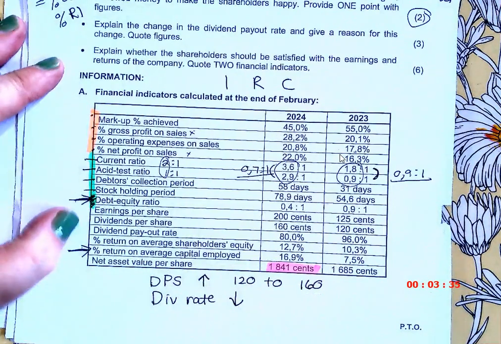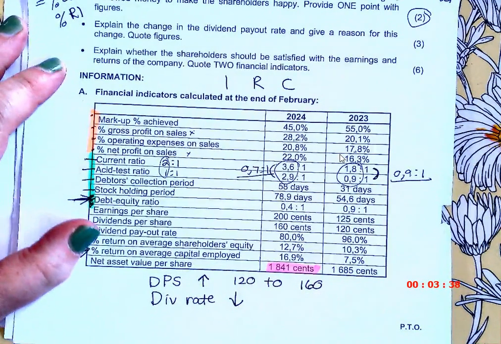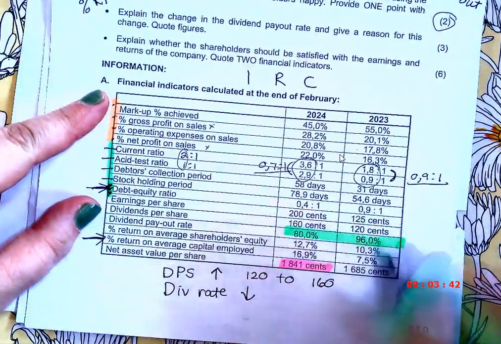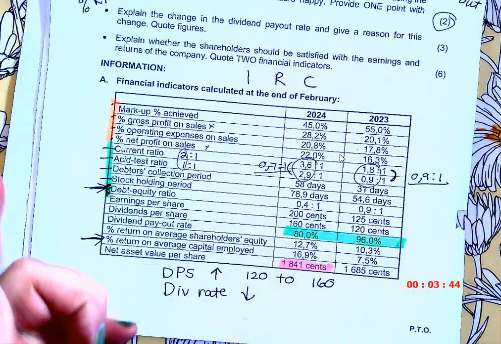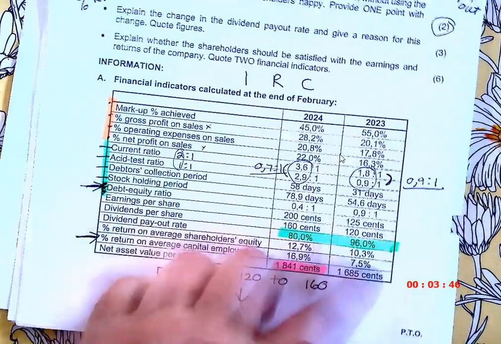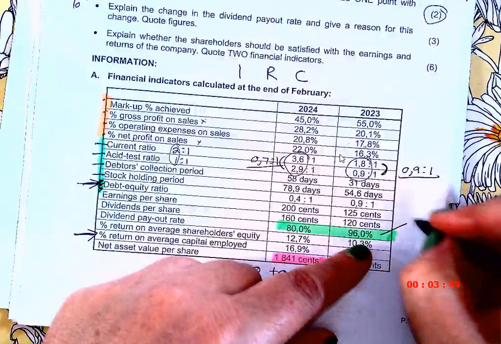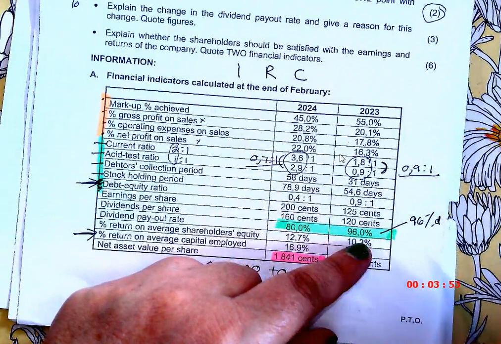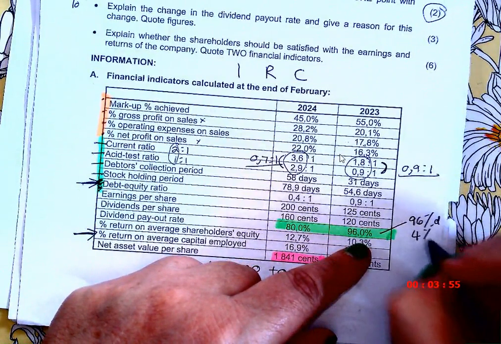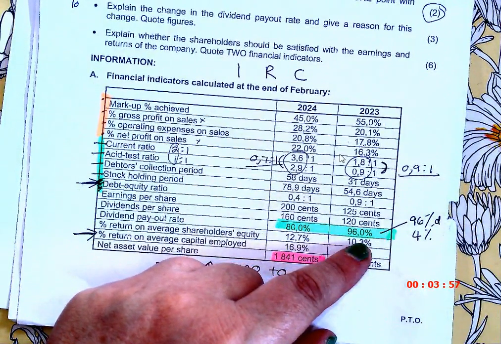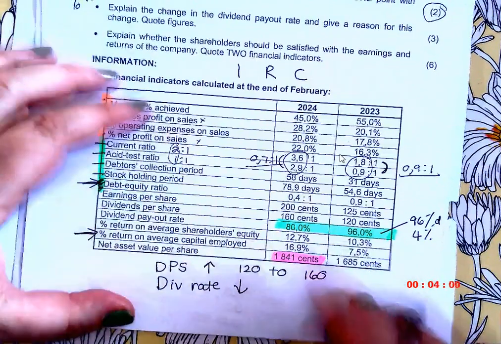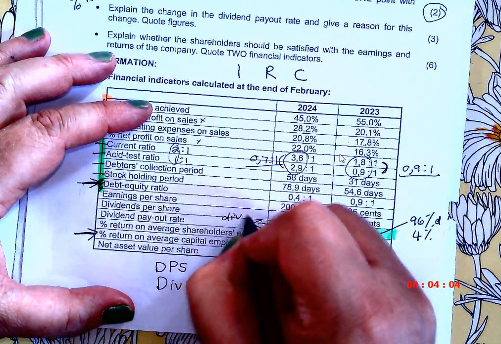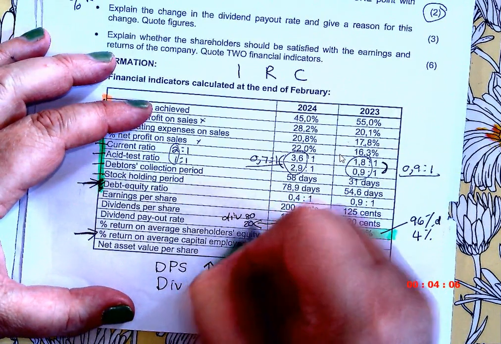I want you to see this. If I look there, last year I paid 96% dividends and I retained 4%. Can you see that? This year I paid 80% dividends, I retained 20%.